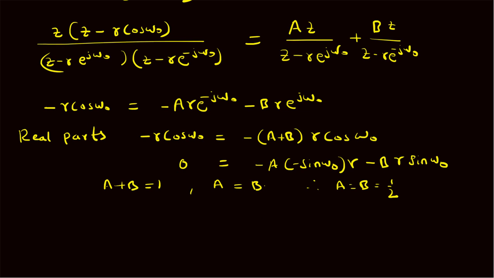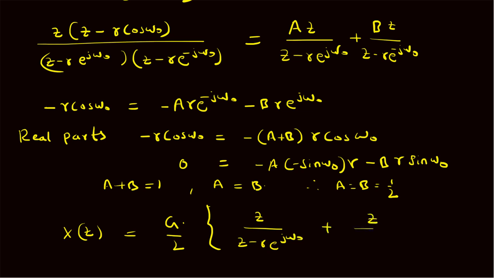Therefore the partial fraction expansion of the given z transform is X of z is equal to g by 2, and then we have z over z minus r into e power j omega naught plus z over z minus r into e power minus j omega naught.